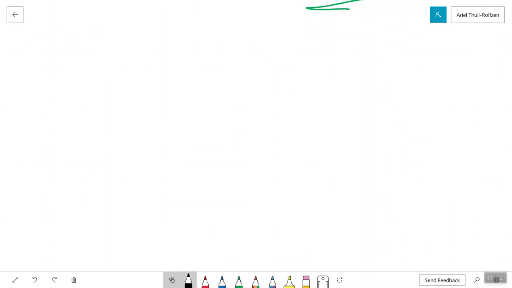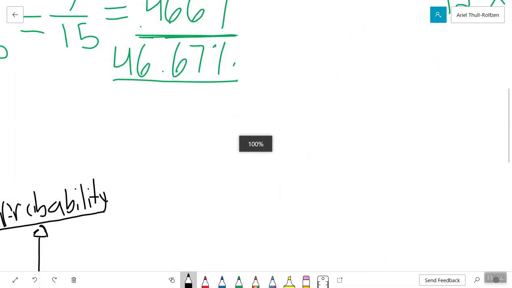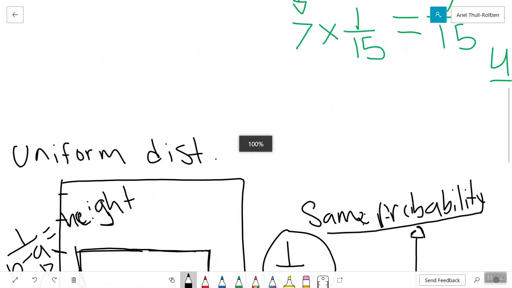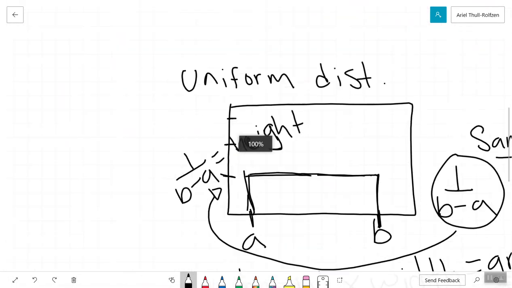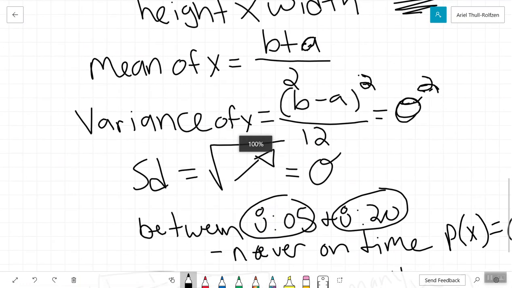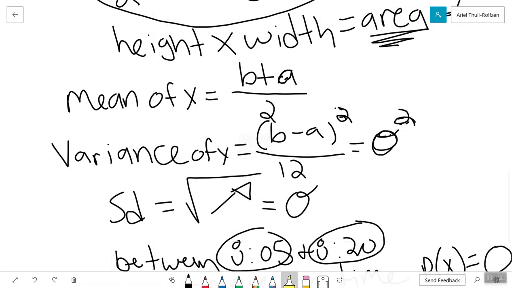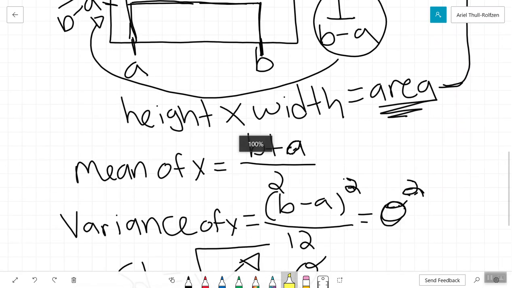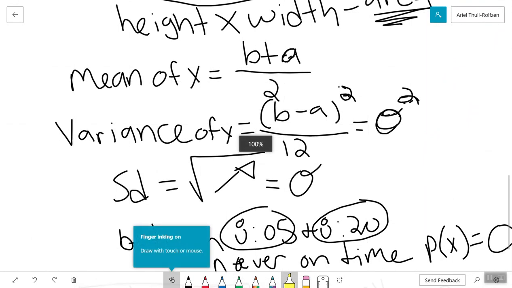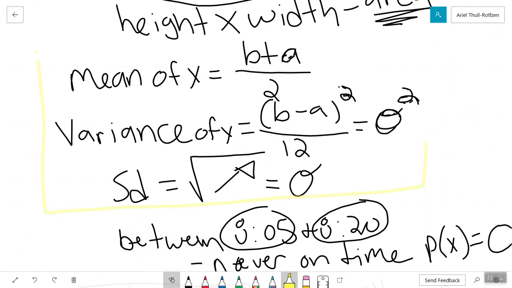So what we're going to do for this one is we're going to go back and look at the equations again. And I hope that I can find them on this thing. And we went down from here. There they are. So we know that the mean is b plus a over 2.